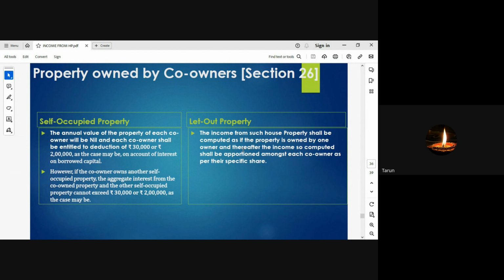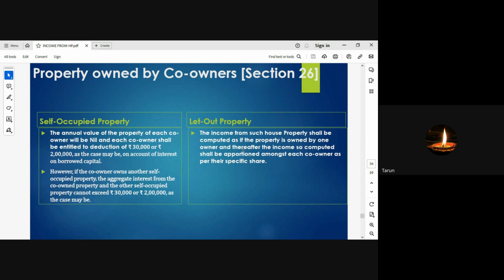It means it's nil. Each co-owner shall be entitled to a deduction of interest on borrowed capital, that is 30,000 or 2 lakhs as the case may be, which I already taught you in the earlier slides. However, if the co-owner owns another self-occupied property, the aggregate interest from the co-owned property and the other self-occupied property cannot exceed 30,000 or 2 lakhs, as the case may be.